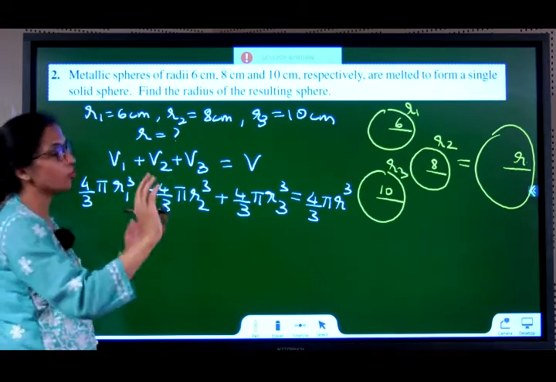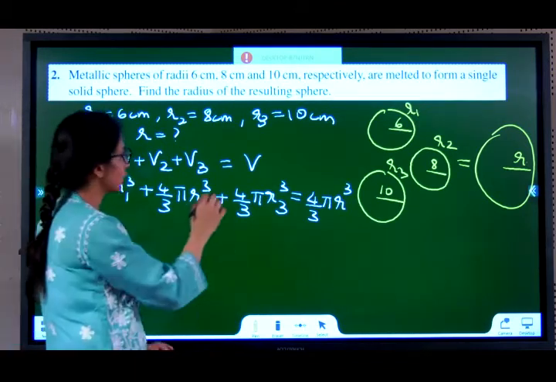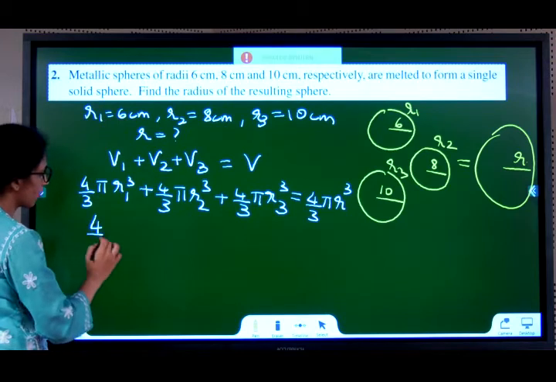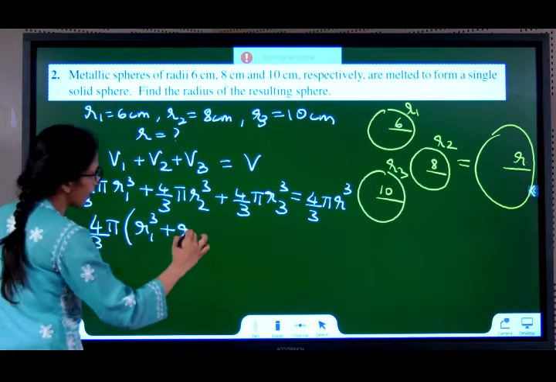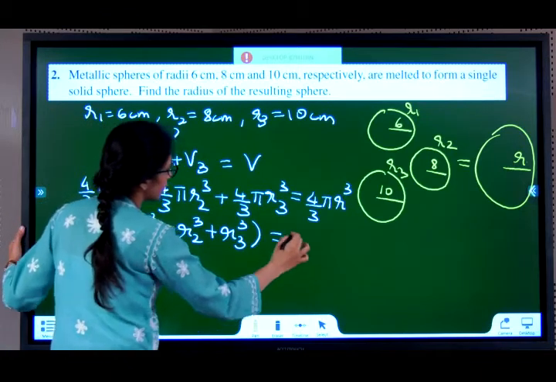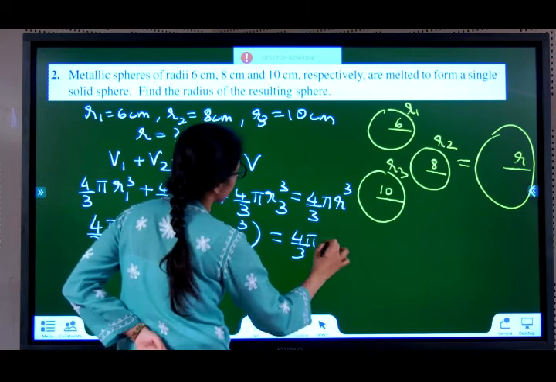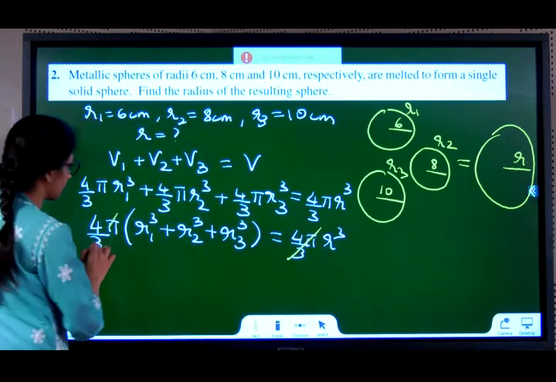Whenever you have volumes equal, most of the times pi gets cancelled. So here also you will see pi will cancel. Look, 4 by 3 pi take common. R1 cube plus R2 cube plus R3 cube is equal to 4 by 3 pi into R cube. 4 by 3 pi cancels.